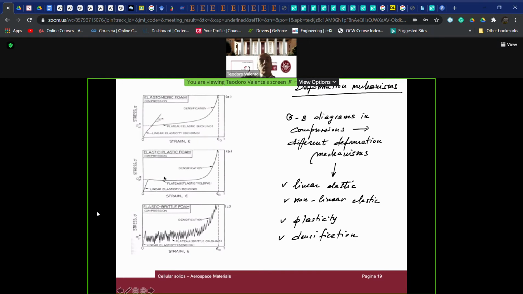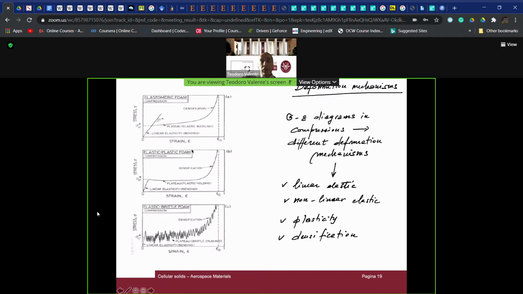Because our purpose is, to some extent, to identify the limit stress for which buckling is going to occur and yielding is going to occur. So we will not discuss the case of elastic brittle behavior because actually the most important in terms of applications are those related to the first two general behaviors.